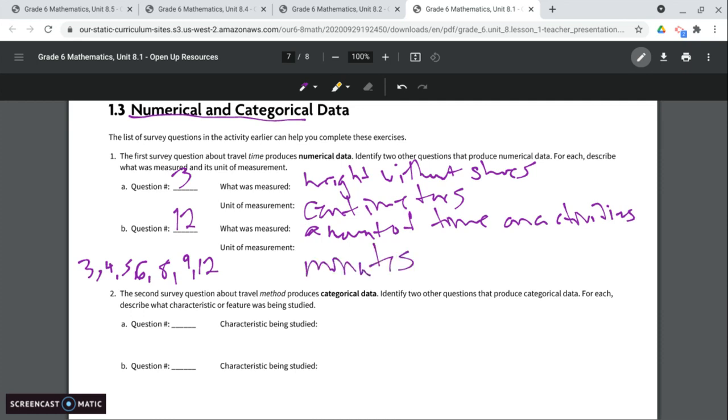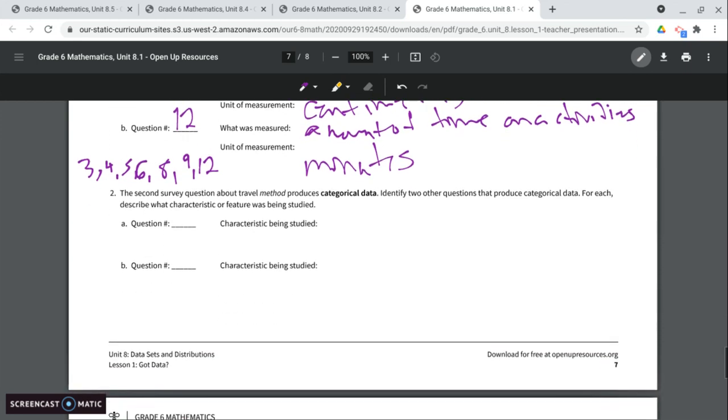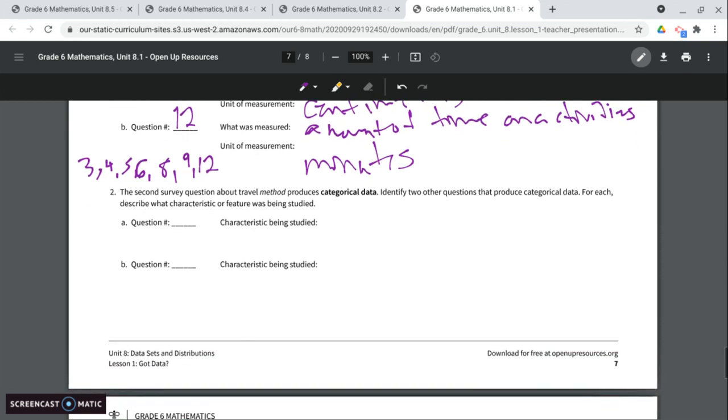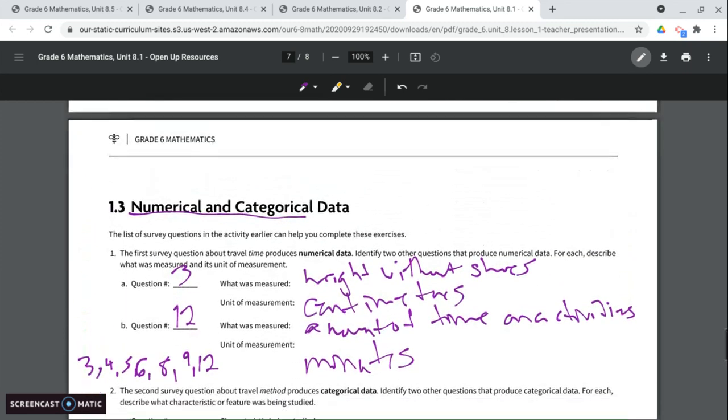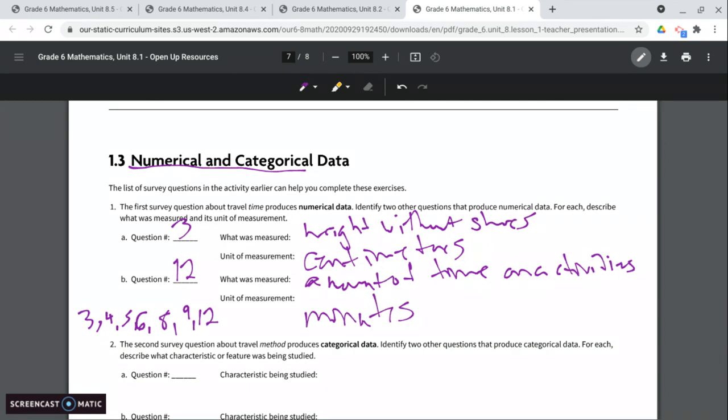So now categorical data, that was all of the other ones. So for categorical, we'd have 2 and 7, 10, and 11. So categorical data is like the second survey question about travel method produces categorical data.